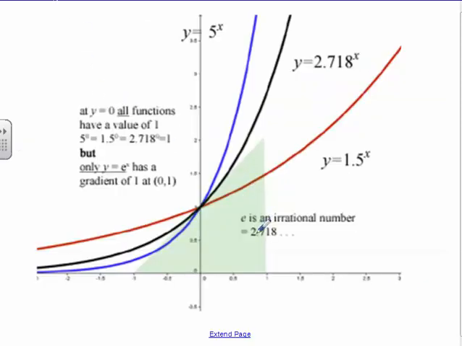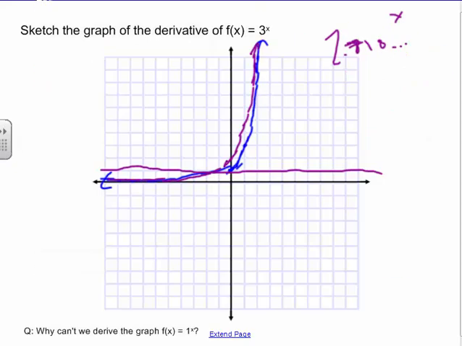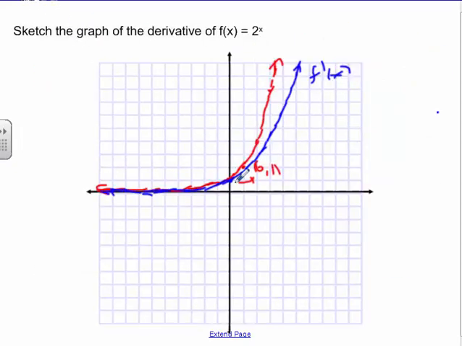So, yeah, let me show you some graphs here. Here's a graph of 5 to the x right here. And here's a graph of 1.5 to the x. What ends up happening here is that this graph right here is the only graph whose slope right here is exactly 1. When I was doing some graphing, I think I even drew it in right here.